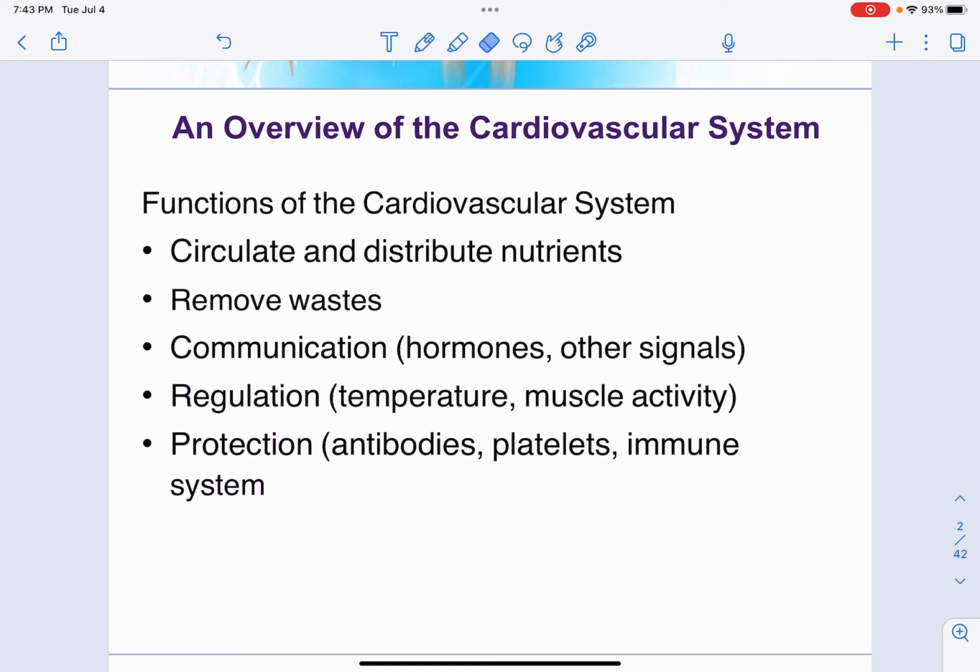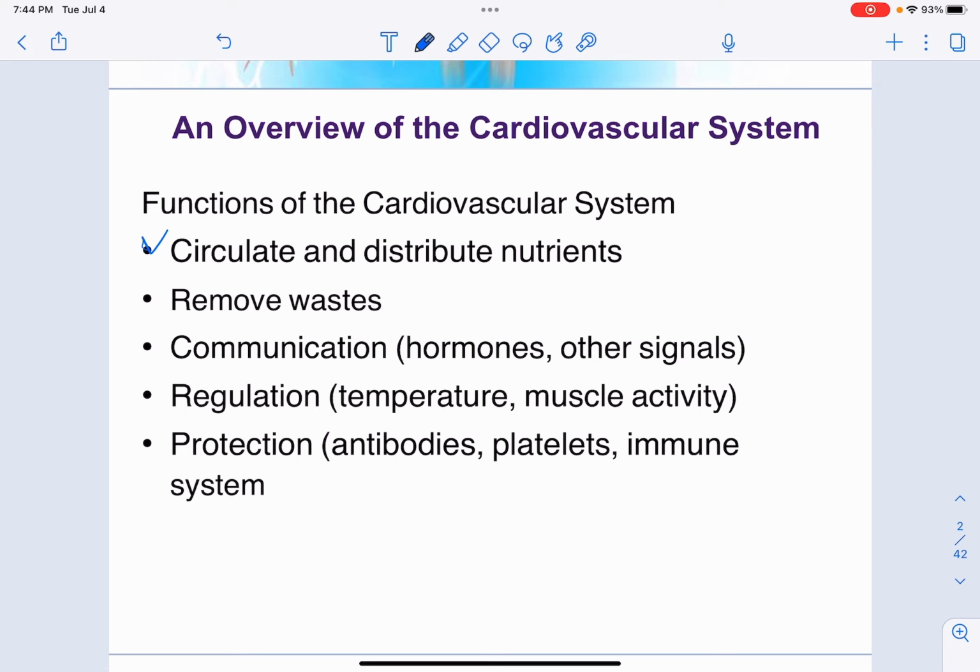And there are some pretty important functions, and perhaps the most obvious one is that it's there to circulate and distribute nutrients. So the cardiovascular system evolved as a solution to deal with problems of diffusion. A single-celled organism or even a small multicellular organism doesn't really need a way to move material around because it can use diffusion.